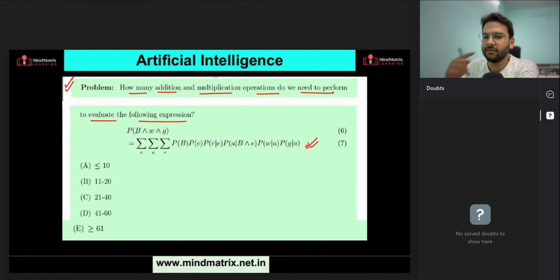This is the same expression that we have seen just now. So what do you think? Any guesses? Any idea? All variables are binary random variables here.